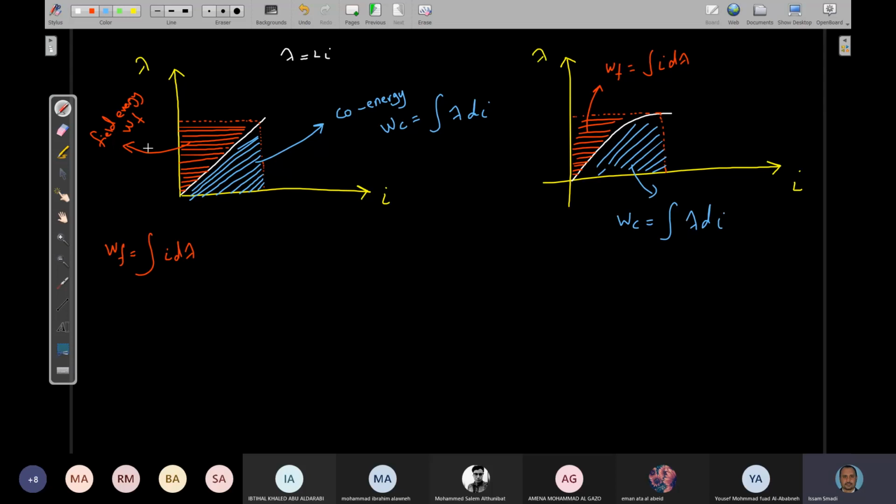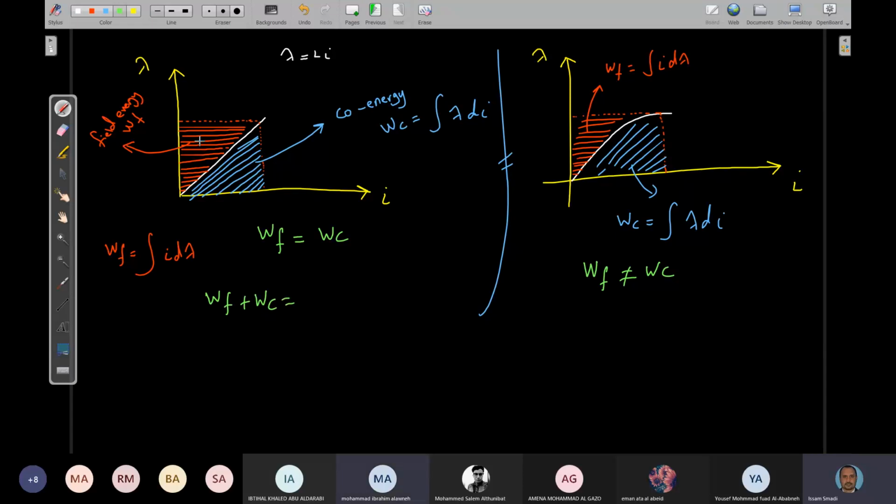Now here, for a linear magnetic circuit, omega f is equal to omega c, yes or no? Yes. Here in general, omega f is not equal to omega c. But omega f plus omega c is equal to what?